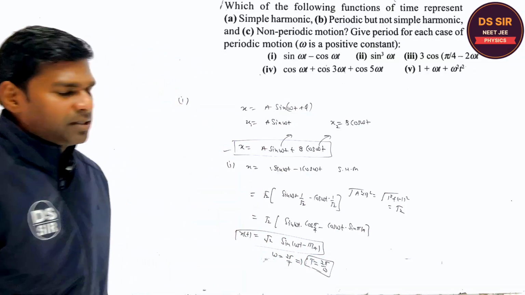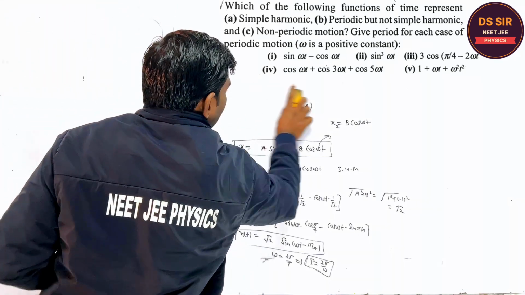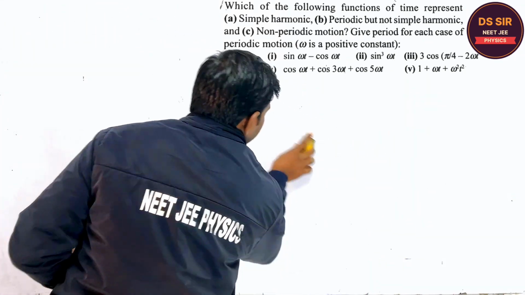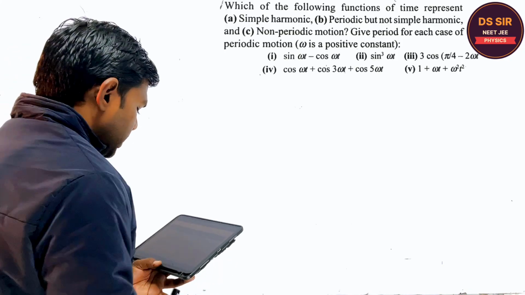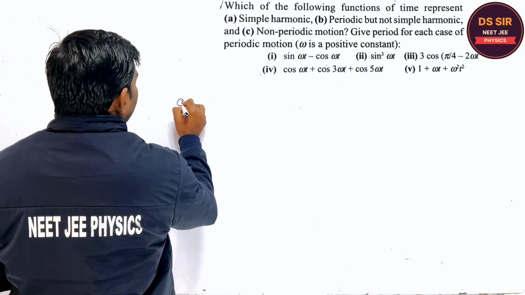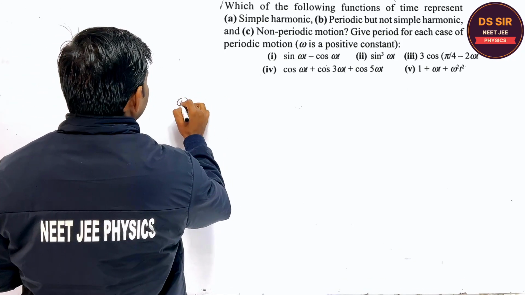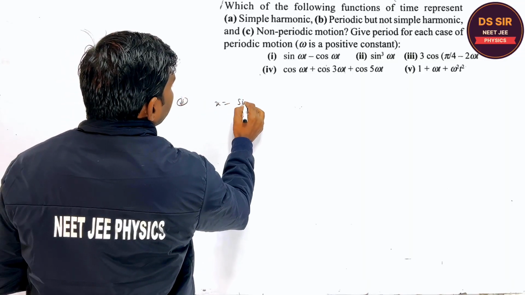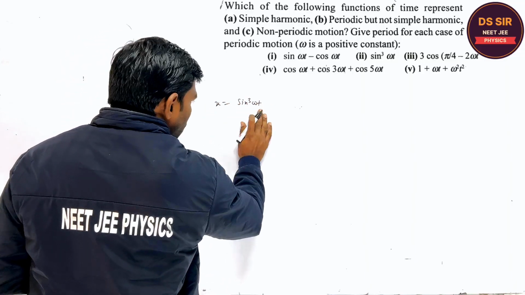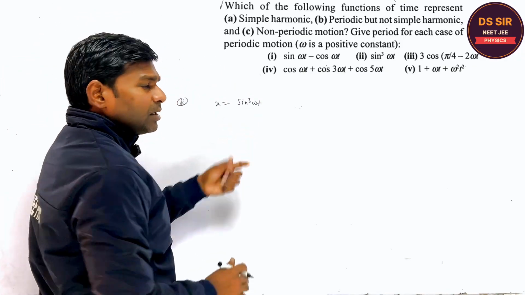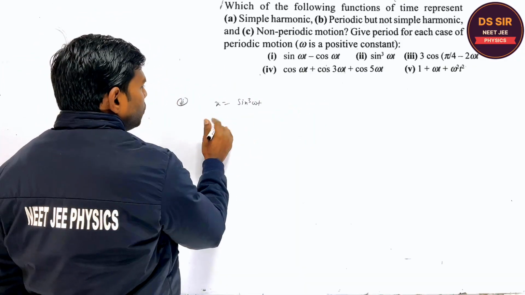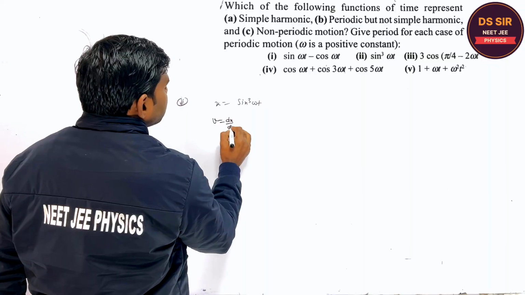First copy this. Now the second part, sin cube t. So the second part is x is equal to sin cube omega t. Listen, although to prove this is SHM, the best way is to find its velocity.